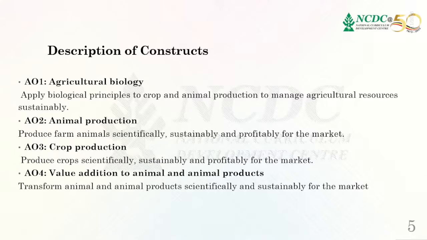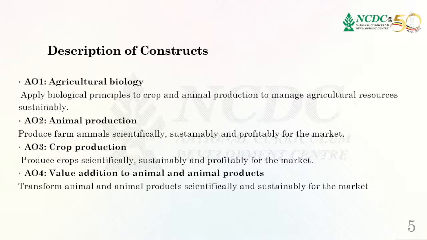Then the second construct is animal production, and its description is to produce farm animals scientifically, sustainably, and profitably for the market. The third one is crop production, where we are looking at producing crops scientifically, sustainably, and profitably for the market.